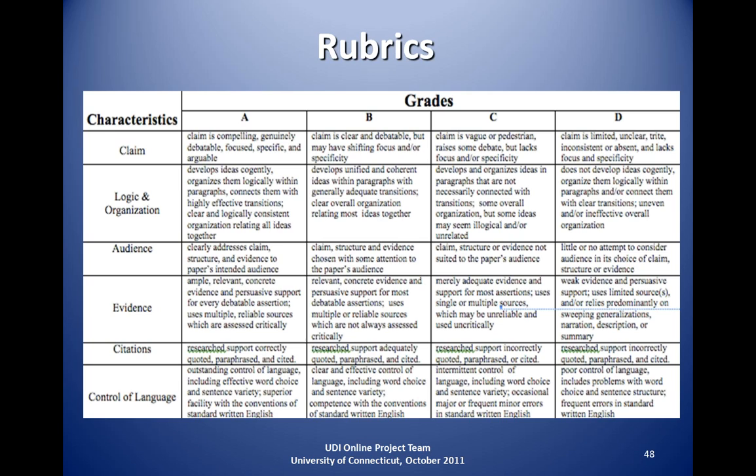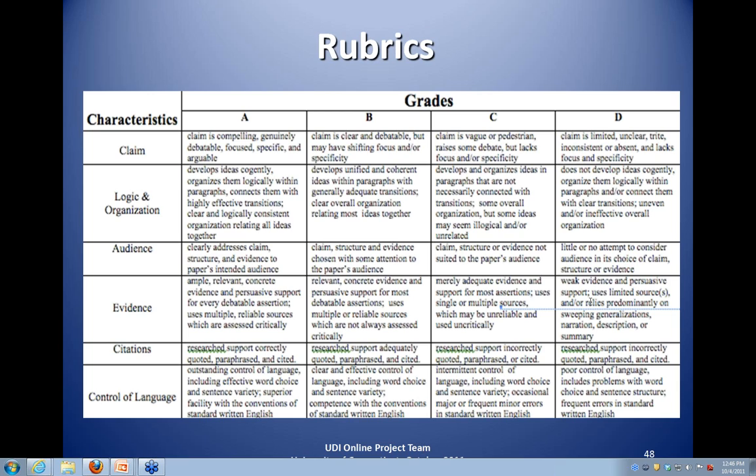Some of the tools within the toolbox around assessment, in particular, this is the Rubrics tool, and what it does is gives faculty a grading yardstick, if you will, for different elements of the assignment and how to assign grades for it.